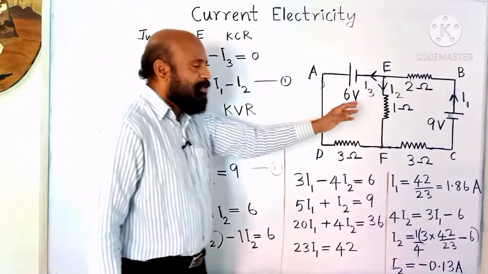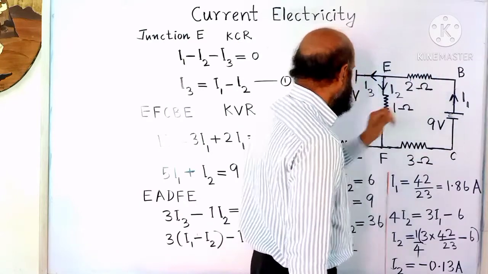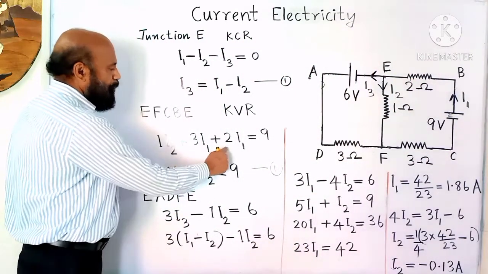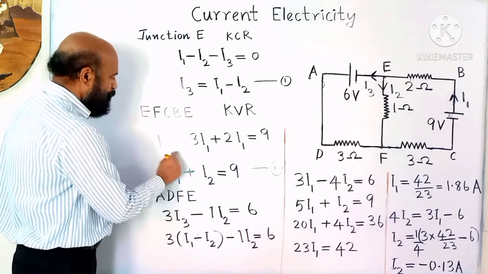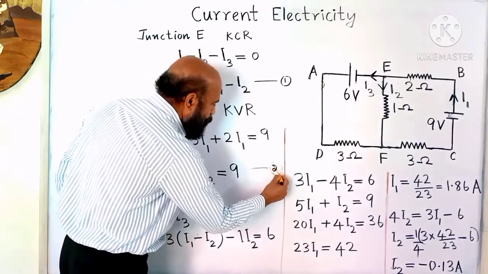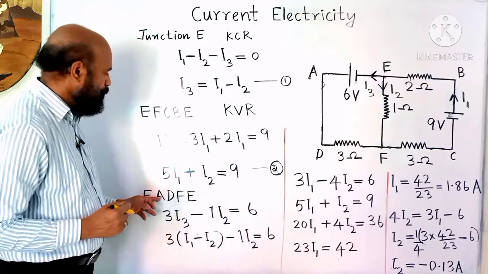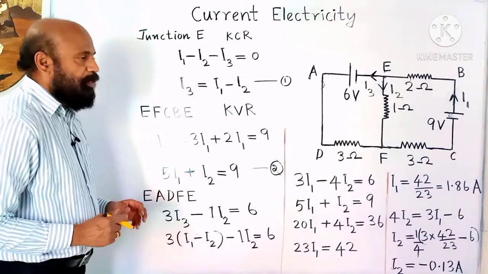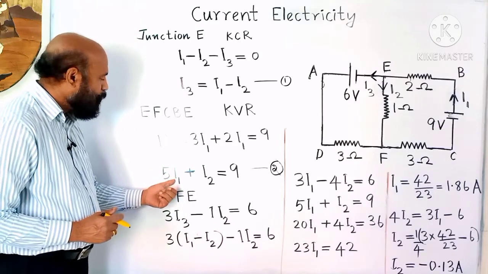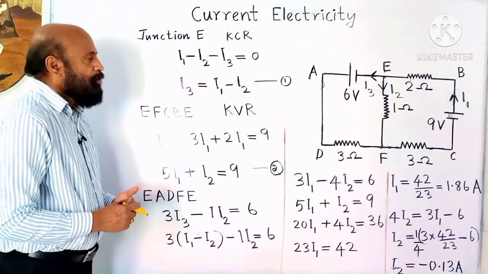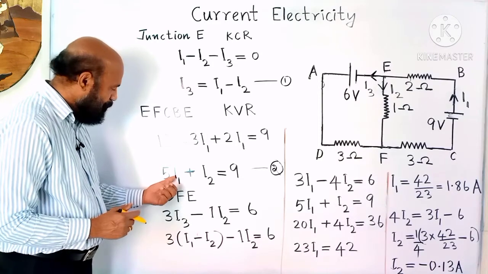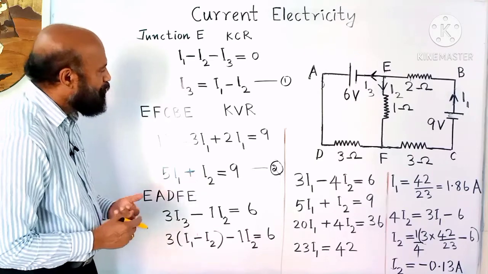So we applied Kirchhoff's second rule for this. 3 I1 plus 2 I1, 5 I1 plus 1 I2 is equal to 9. Let it be the second equation. Now you have an equation with the two unknowns I1 and I2. You have to get one more equation with the two unknowns I1 and I2.